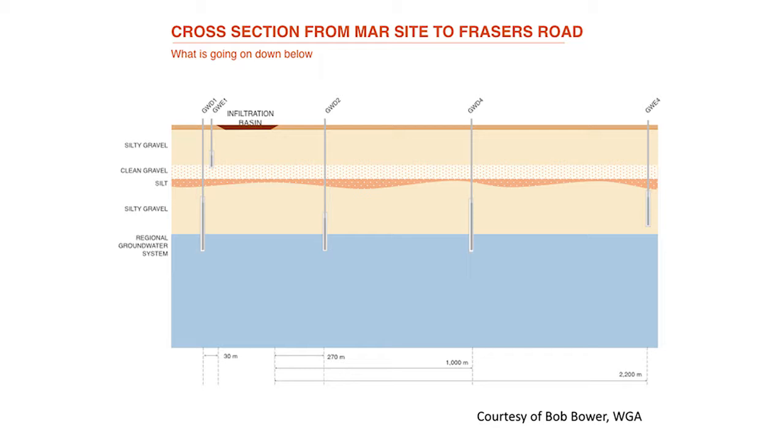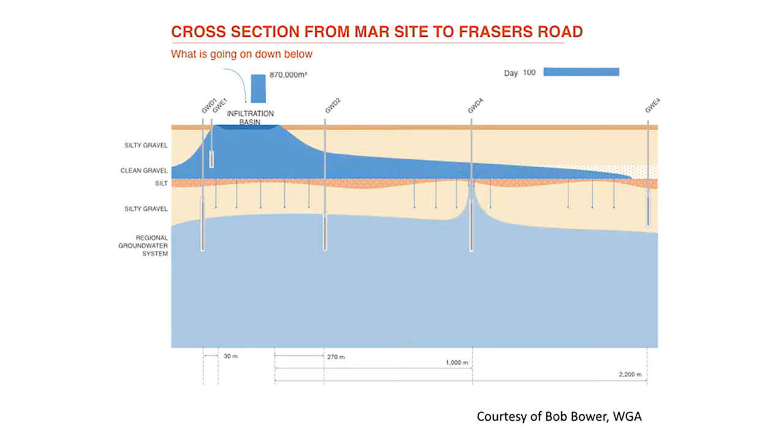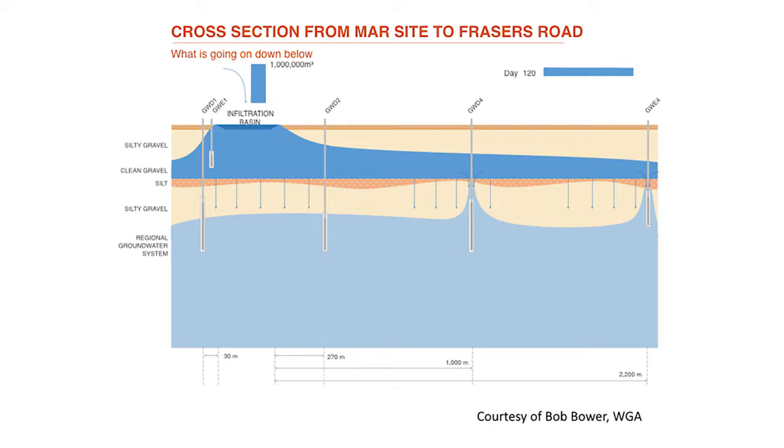So this is basically a cross section down to the groundwater system, and this is the distance from the infiltration site. So it's a little animation that shows what's happening as the water is being infiltrated. A little bit further, onto a couple of months, and then onto 3 months. And they were starting to see increased groundwater levels.